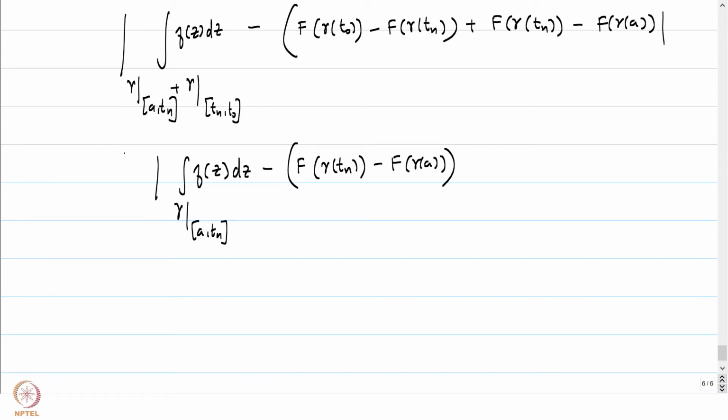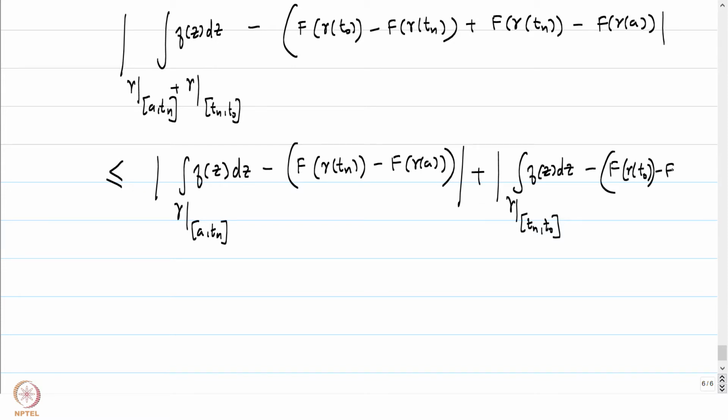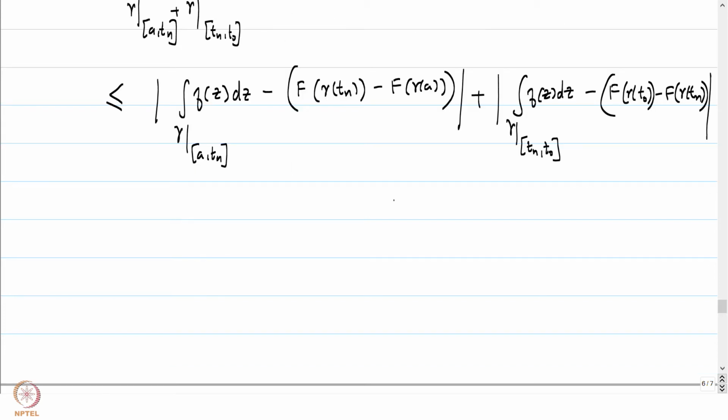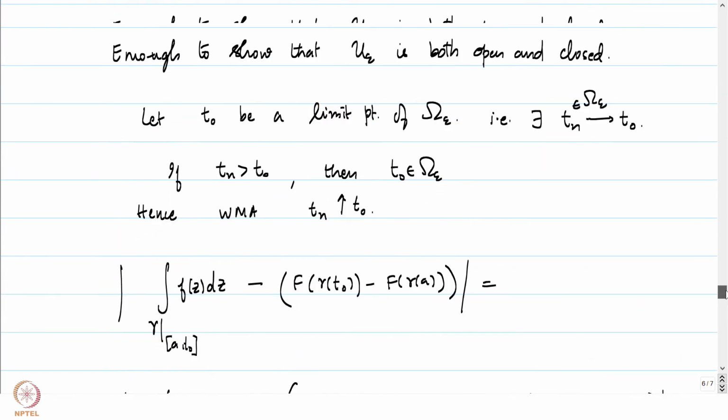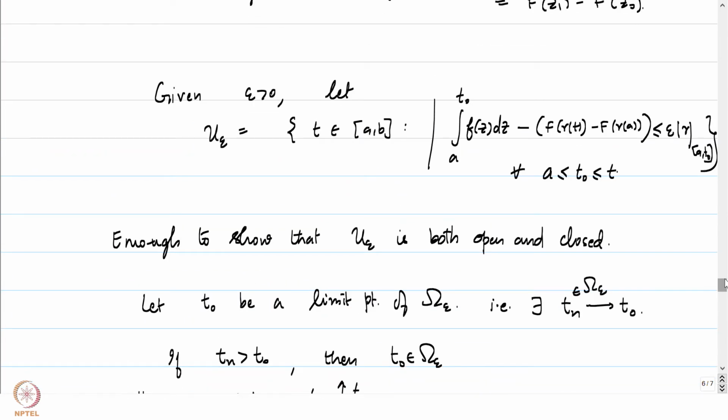Maybe I should change this equality to an inequality by the triangle inequality. This will be less than or equal to the first term being this plus the absolute value of the integral over gamma restricted to [tn,t0] of f(z) dz minus f of gamma of t0 minus f of gamma of tn. Now, since Tn belongs to the set omega epsilon, remember what omega epsilon was.